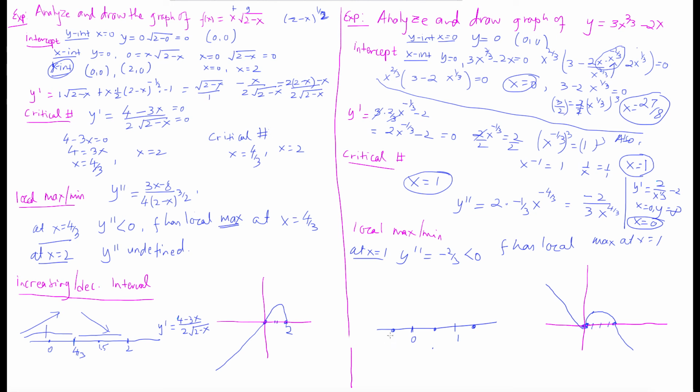So if you take the test point here, say negative 1, what do you get? If you plug in negative 1 there, you'll get a negative number, 2 over a negative number and then minus negative. So it is basically negative, so it is decreasing.